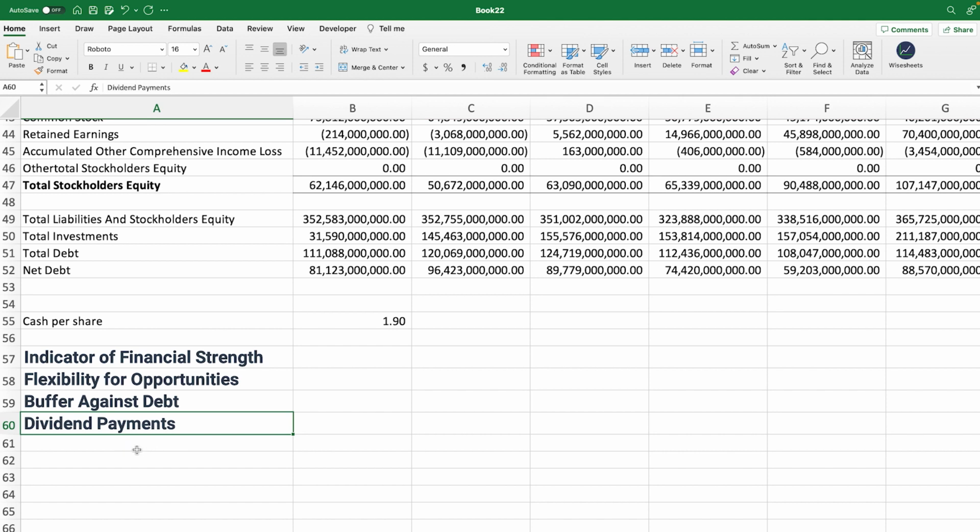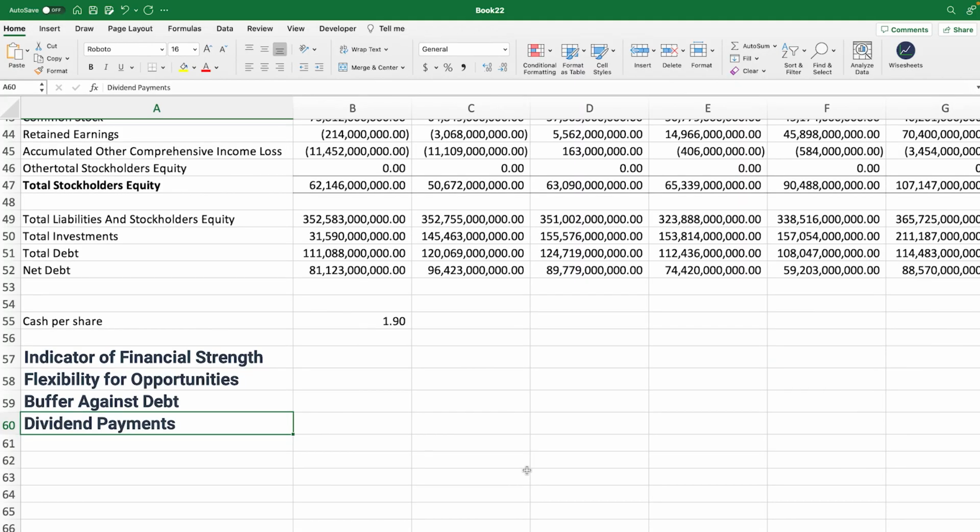And this is only possible if the company has cash to be able to distribute to the shareholders. The other thing that companies can do is to buy back shares, which generally decreases the number of shares available and increases the value of the shares available. So this is another way of providing a payment to the shareholders that Warren Buffett likes.